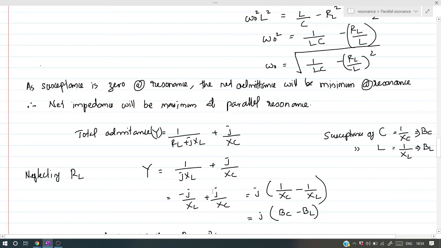This can be further represented in this way: minus J divided by XL plus J divided by XC. We can take J outside, J into 1 by XC minus 1 by XL. So if we are representing in this way, J into, this is BC and this is BL.